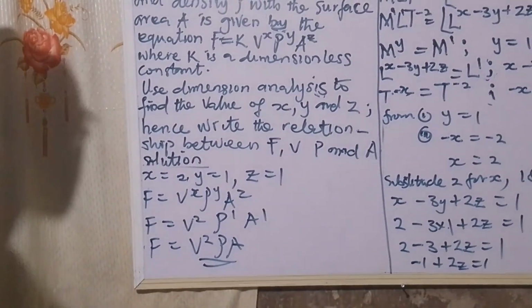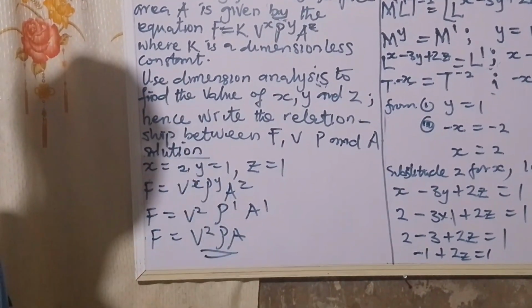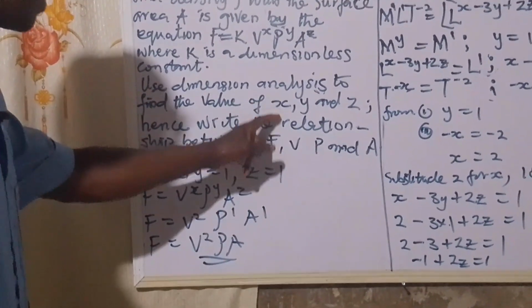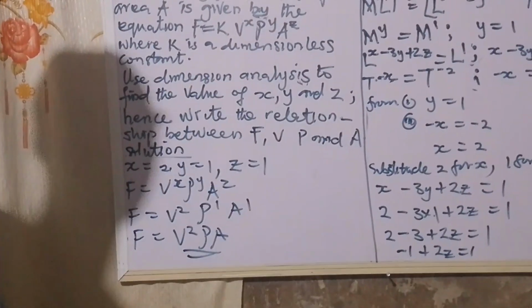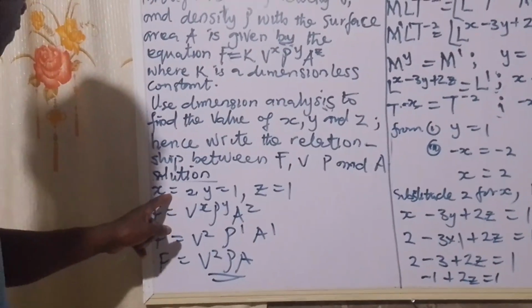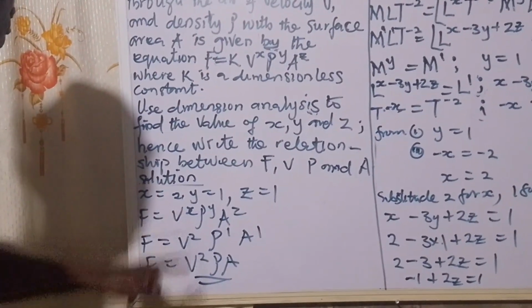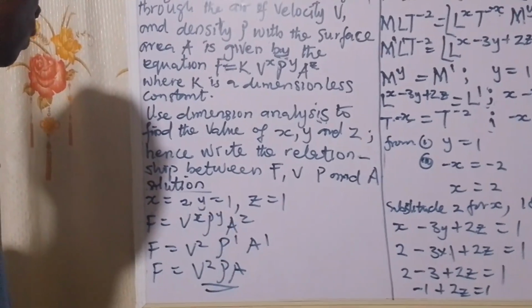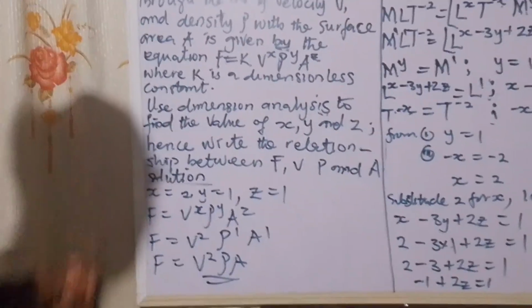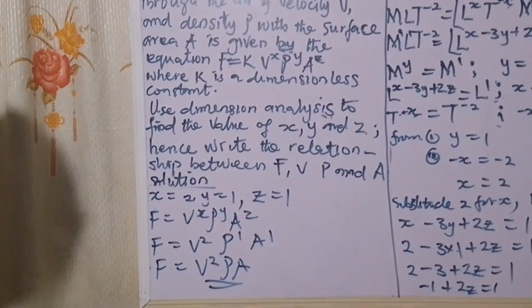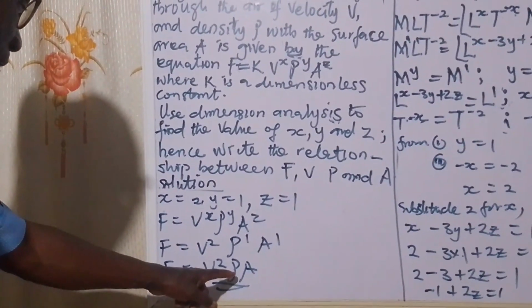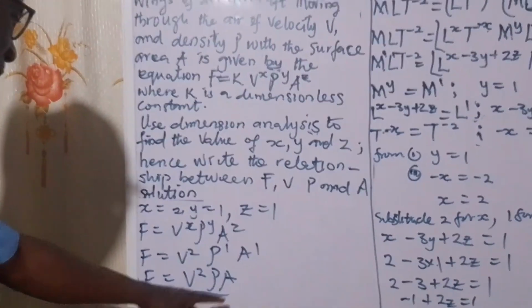So what the question says is we should find the value of s, y, and z. And we've seen that the value of s is equal to 2, y is equal to 1, z is equal to 1. To write the formula now, that will be v squared multiplied by density multiplied by area.